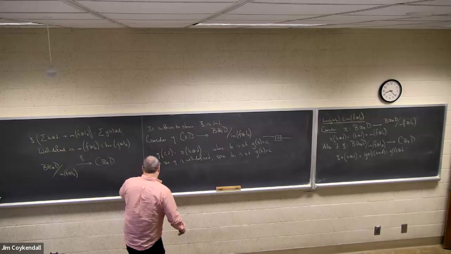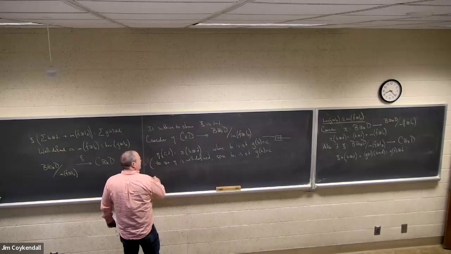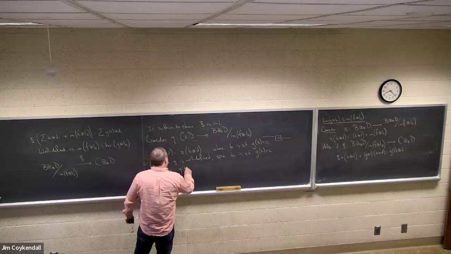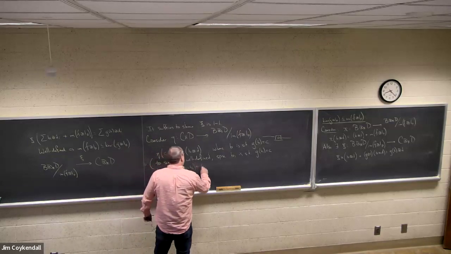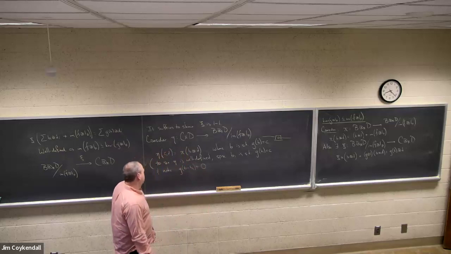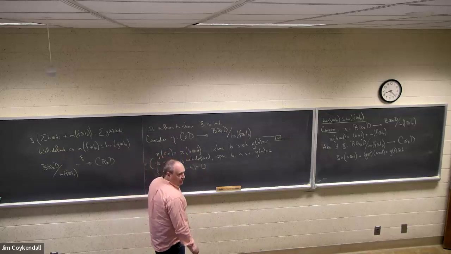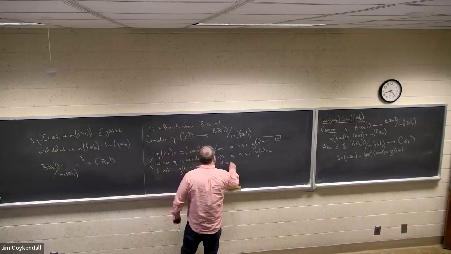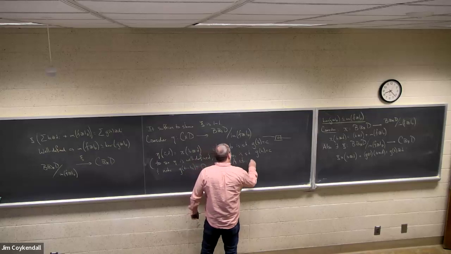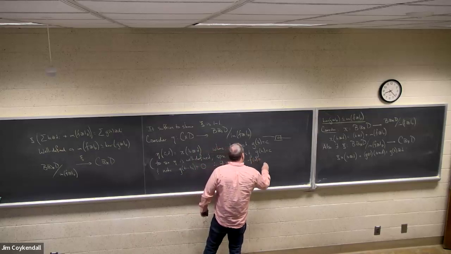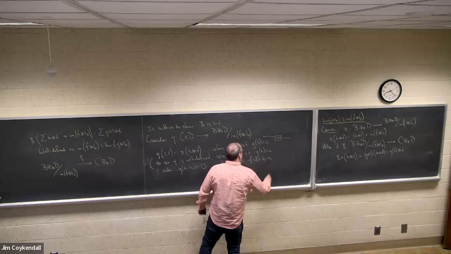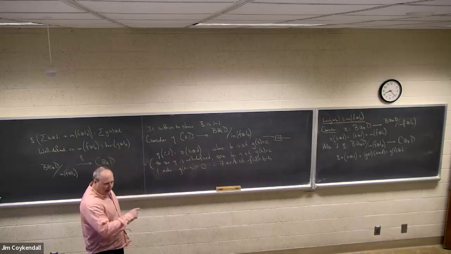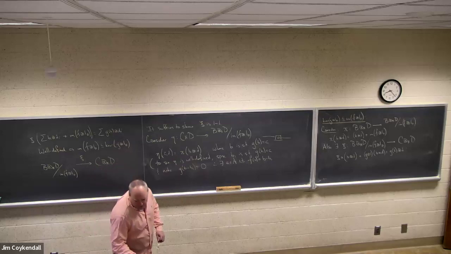And notice that g of b minus b1 is equal to 0. Therefore, there exists a such that f of a is b minus b1, using the exactness of the original A to B to C sequence.